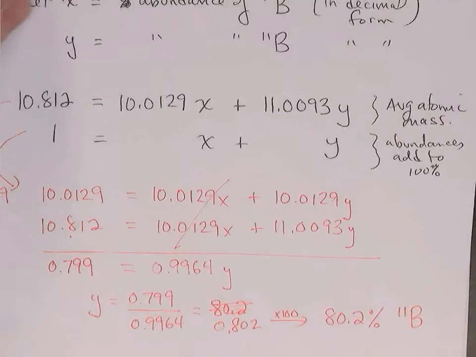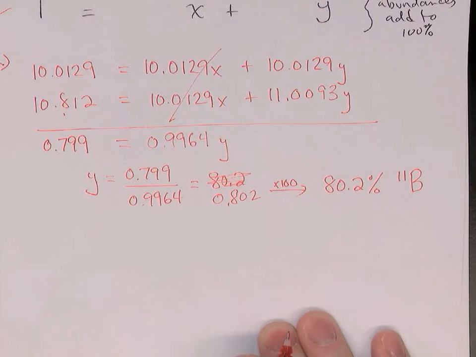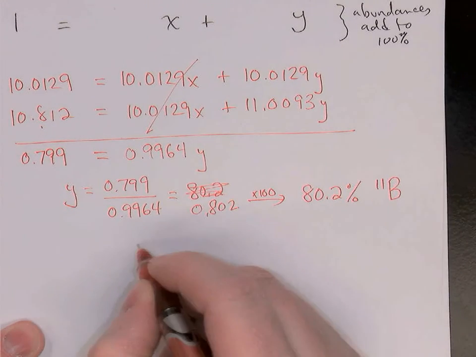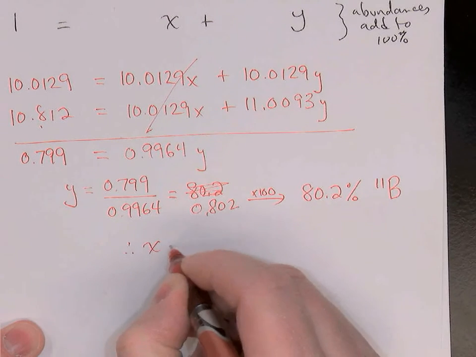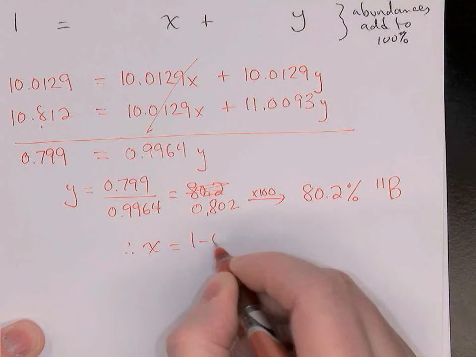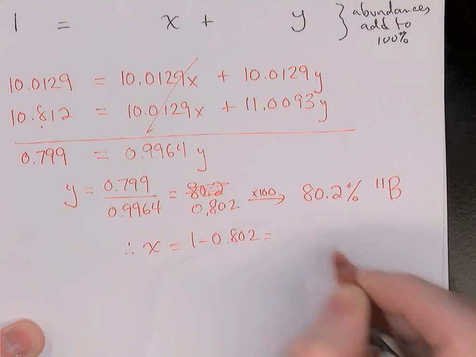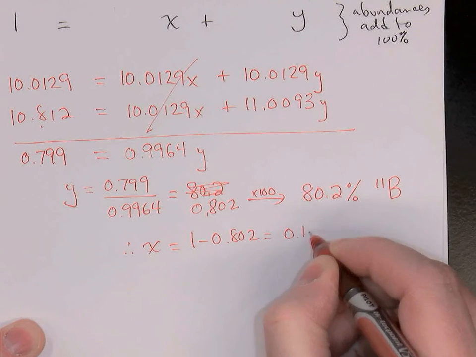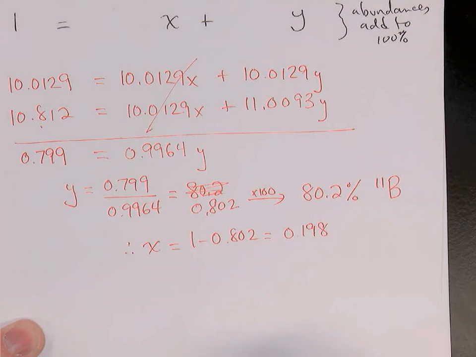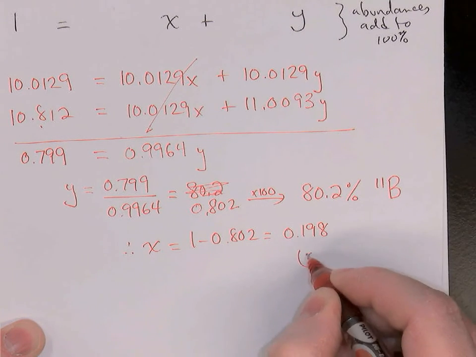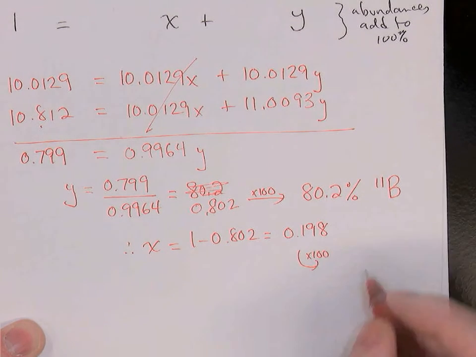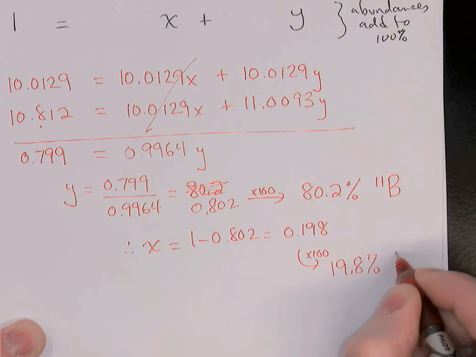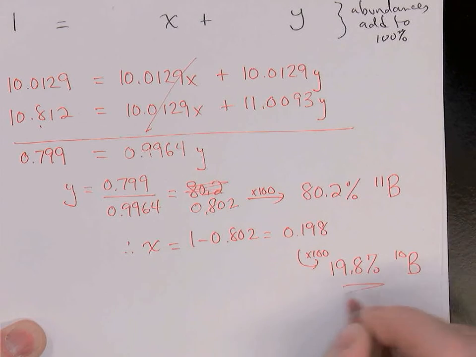Now, to find the other abundance, we can go solve for X now if we want, or because there's only the two isotopes, we can say therefore X was equal to 1 minus 0.802, which is going to be 0.198, which means multiplying by 100 to convert to a percentage, we get 19.8% boron 10.